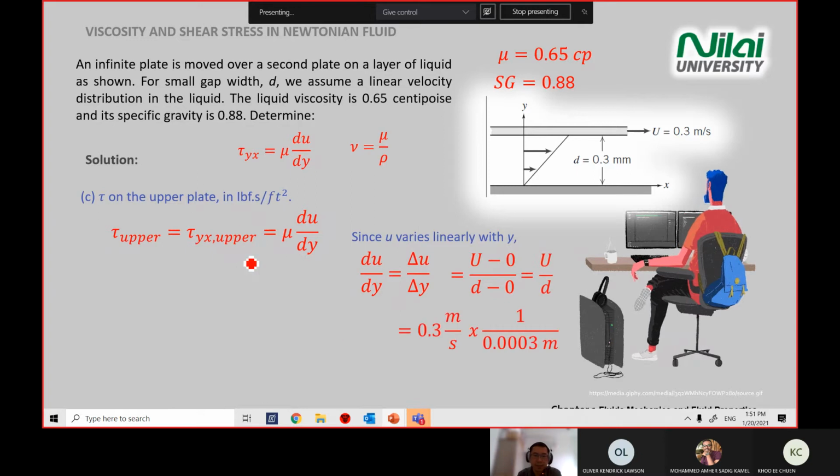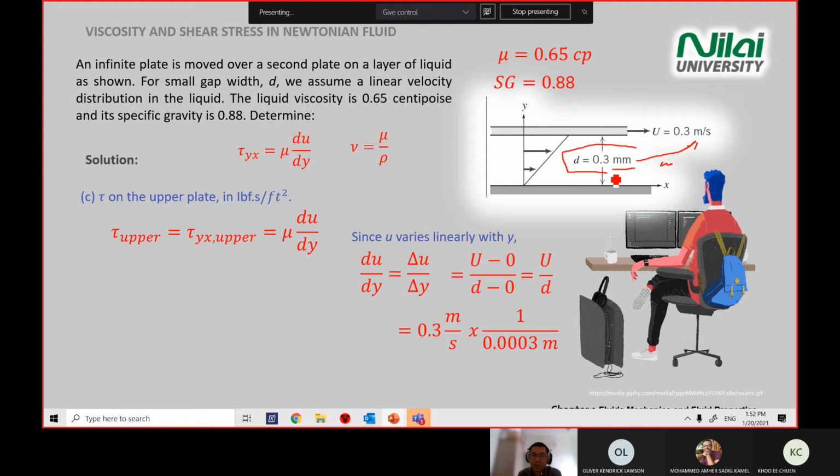So we put into calculation. U is 0.3 meter per second. D is, again, a trick in exam. I will give you mm. You need to convert to SI unit, which is meter, to match the dimension. So you need to change 0.3 mm into meter. You'll get 0.0003 meter.